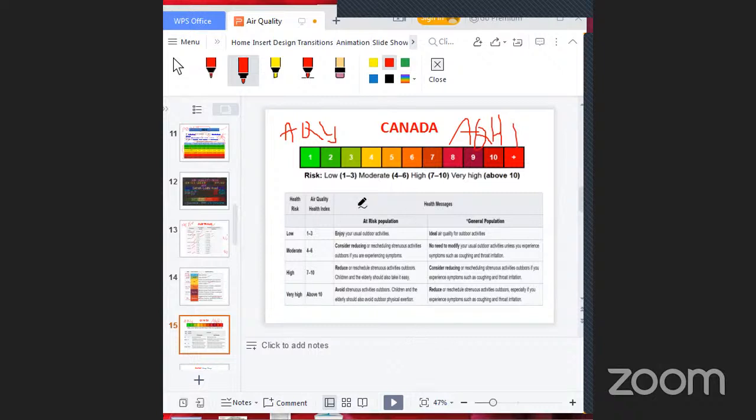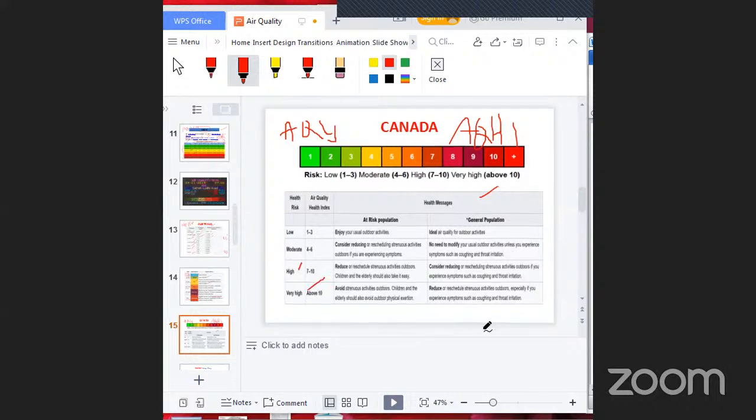So this index pays particular attention to people who are sensitive to air pollution. It provides them with advice on how to protect their health during air quality levels associated with low, moderate, high, and very high health risks.